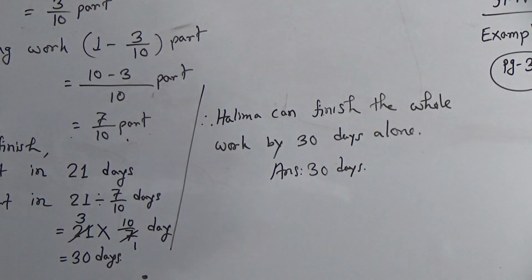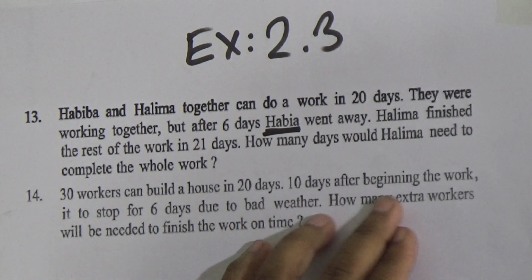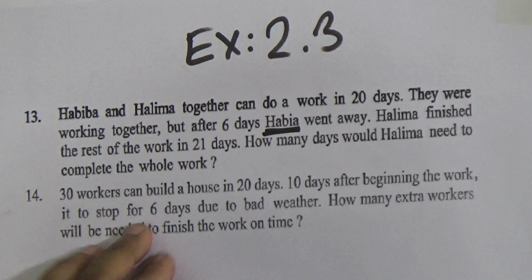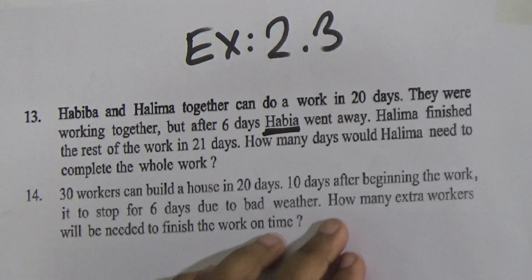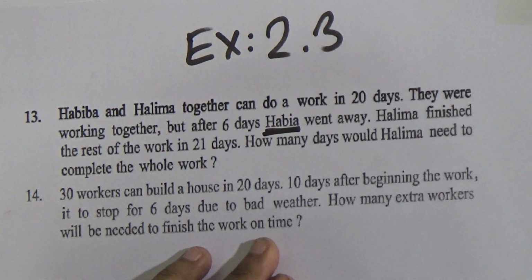Now the next question is question number 14. Look at the question: 30 workers can build a house in 20 days. 10 days after beginning the work, it had to be stopped for 6 days due to bad weather. How many extra workers will be needed to finish the work on time?